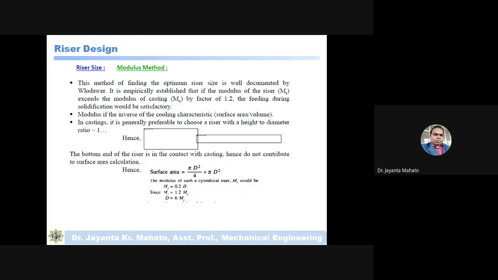I will tell you the different values of D with respect to the shape of the cast product. This D value is in terms of the modulus of the casting, that is MC, and the modulus of the riser, that is MR. MR is equal to 1.2 into MC.